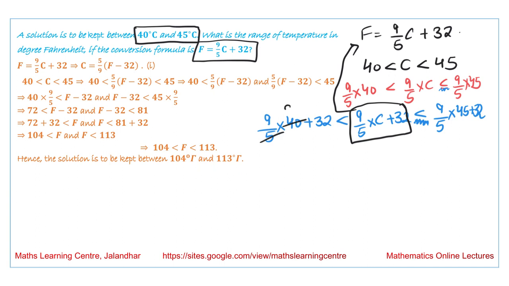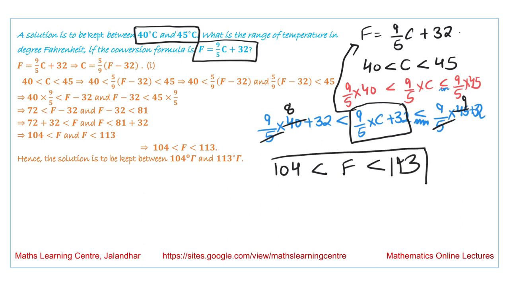So the answer we get is 104 is less than F is less than 130. So we are saying that the value of this solution in Fahrenheit should be between 104 degrees Fahrenheit and 113 degrees Fahrenheit.